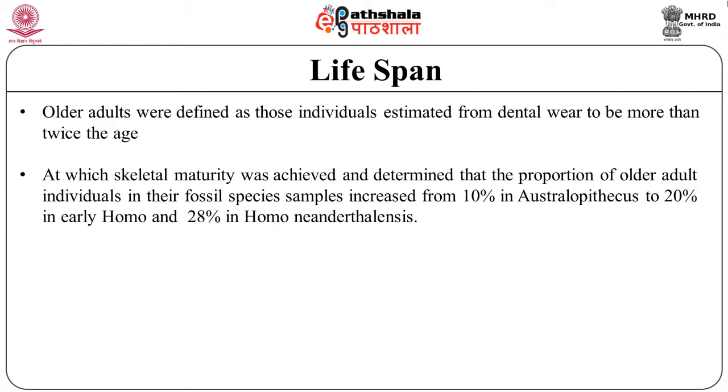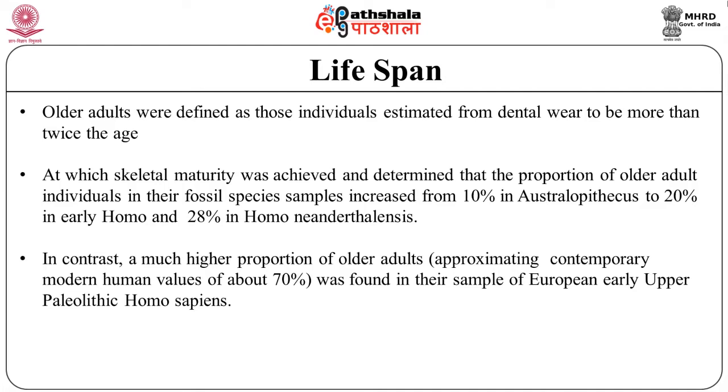They determined that the proportion of older adult individuals in their fossil species samples increased from 10% in Australopithecus to 20% in early Homo and 28% in Homo neanderthalensis.